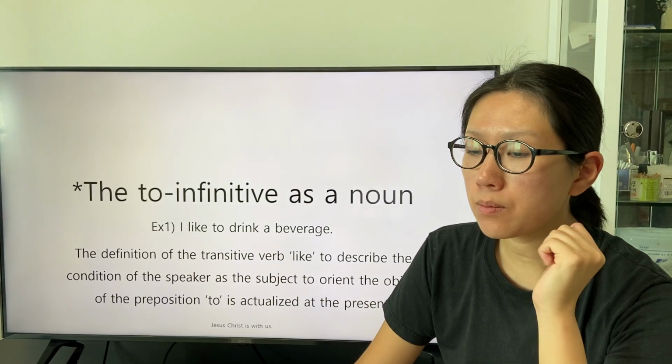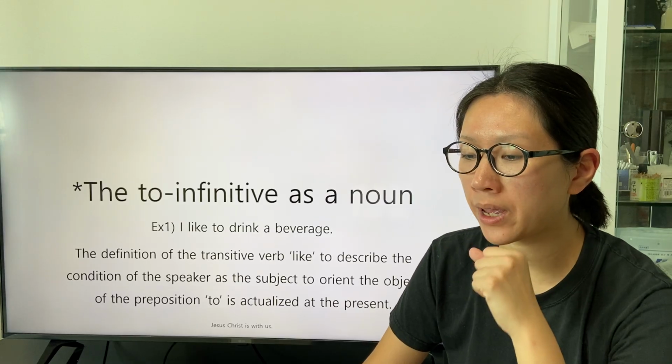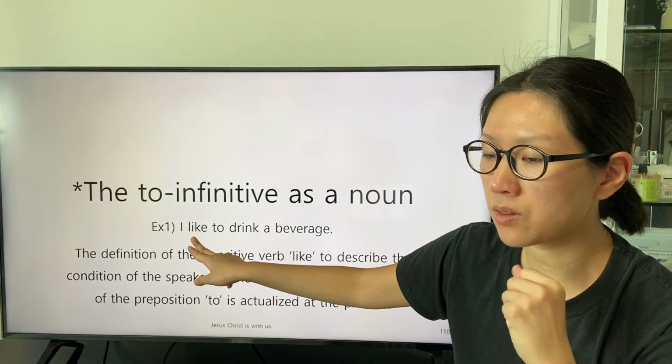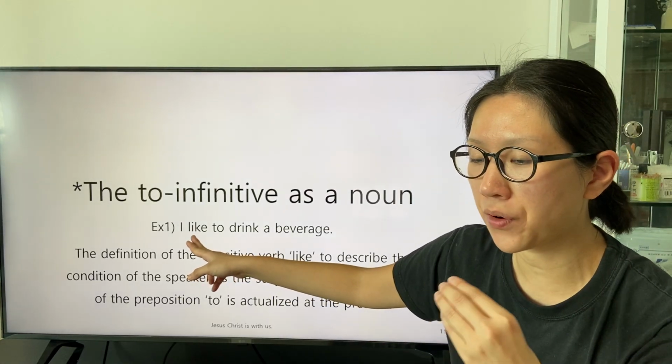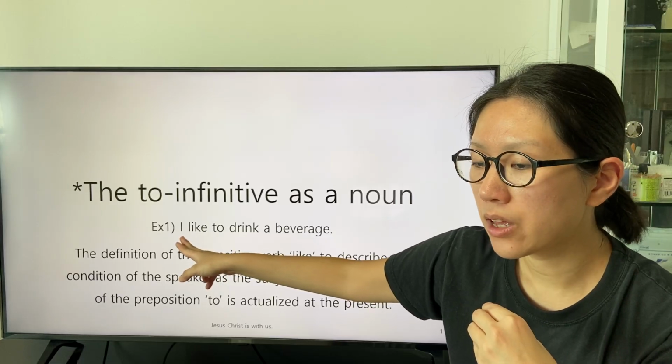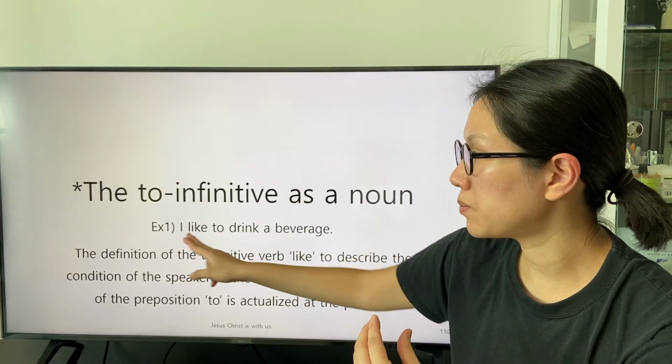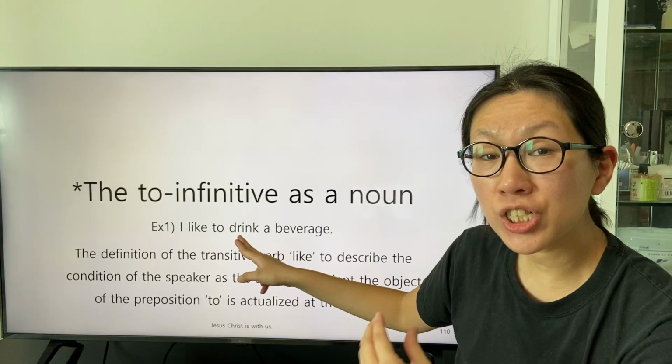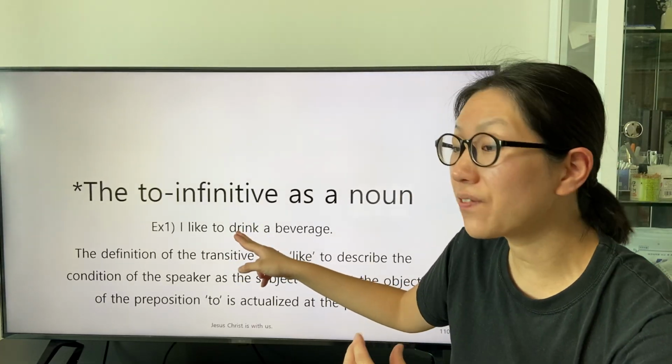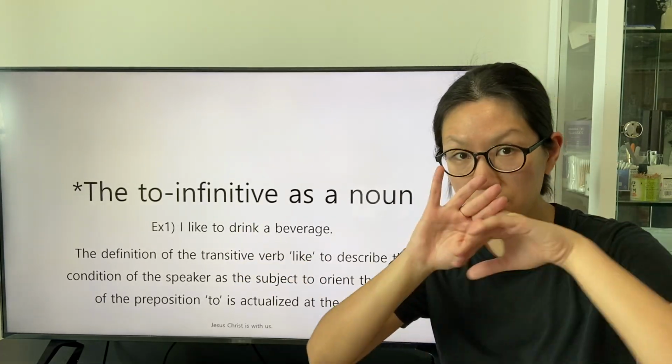The point in time at the present when the speaker is in the condition described by the transitive verb like, and the point in time when the speaker actualizes the definition of the root infinitive drink, is different.